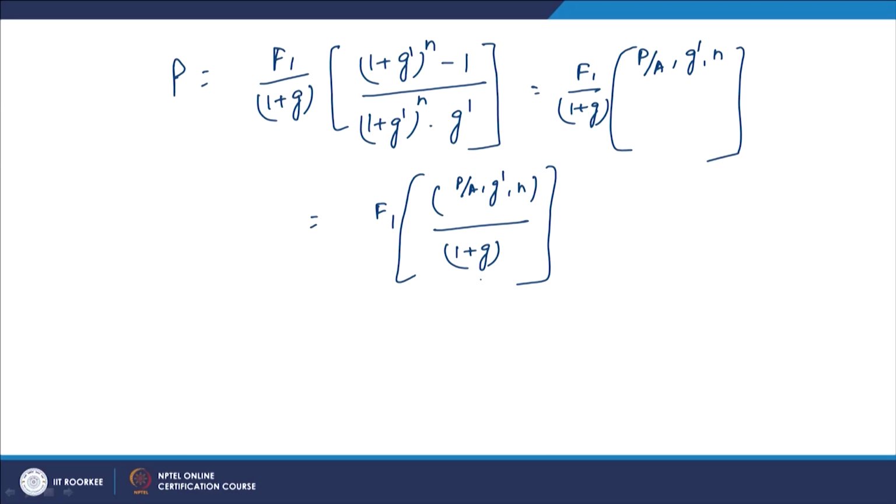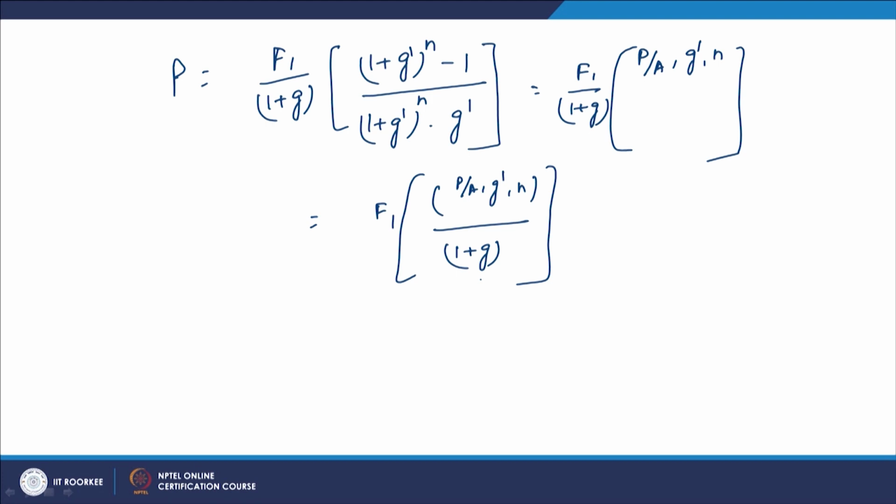And once you get that, then you multiply with the first year payment and divide it by 1 plus g. In that case, it will give us the value of the p. And once you know p, then you can have any value calculated. So, this amount will be multiplied with the factor a by p i n, it will give us the annual equivalent series, or if you multiply it with f by p i n, it will give us the future amount.